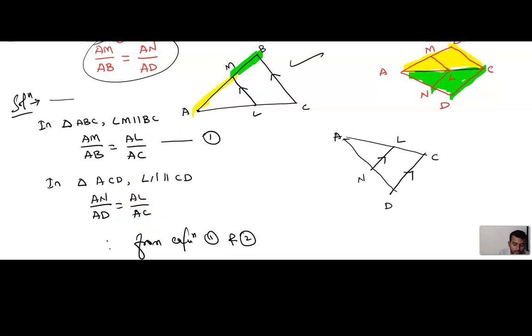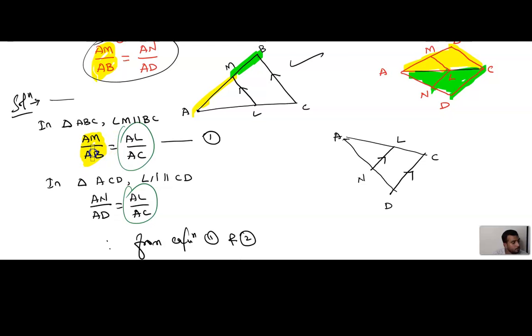Can you see this again? AL by AC, AL by AC. RHS are equal, then even LHS are also. What is LHS? AM by AB. It's there. Can you check, children?